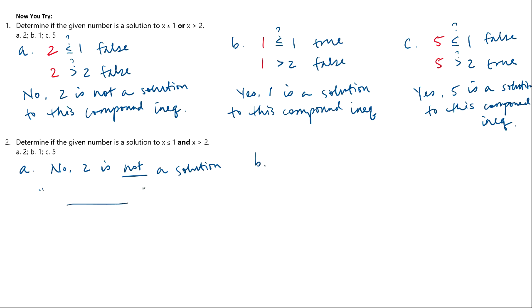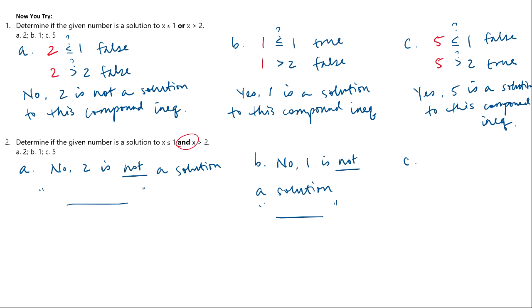And for part B, we see that one of the statements is true, but in order for it to work for an AND statement, we need both inequalities to be true over here. So because we don't have that, we would say no, 1 is also not a solution to the compound inequality we have. Lastly, for number 5, same thing as before, we notice that it's given us only one true statement.